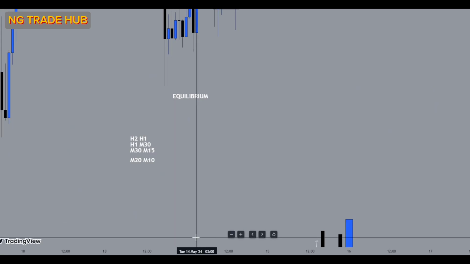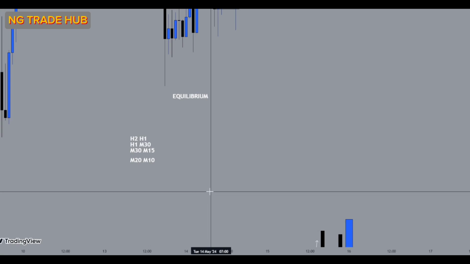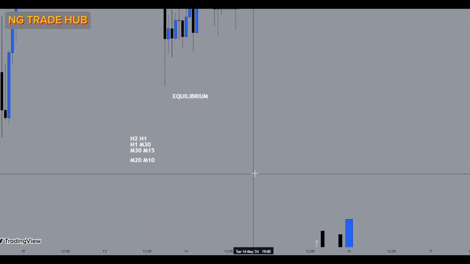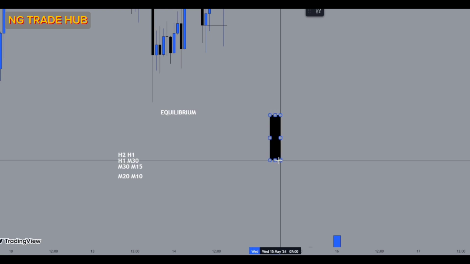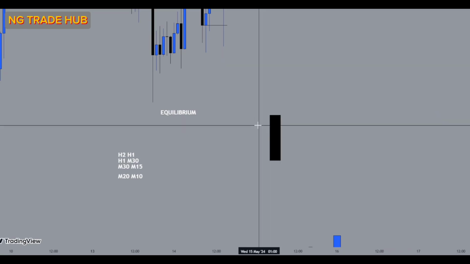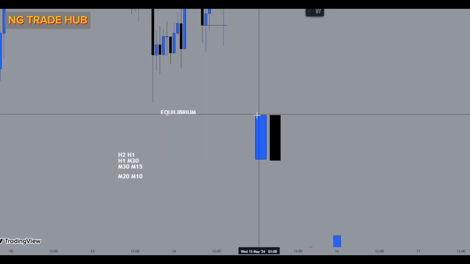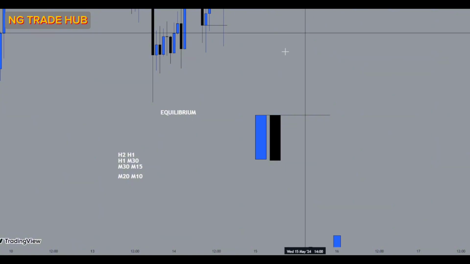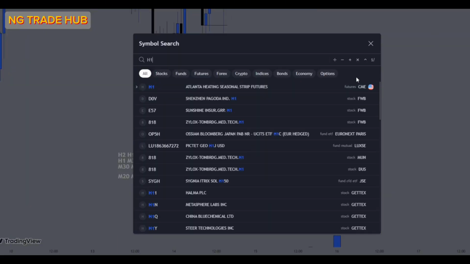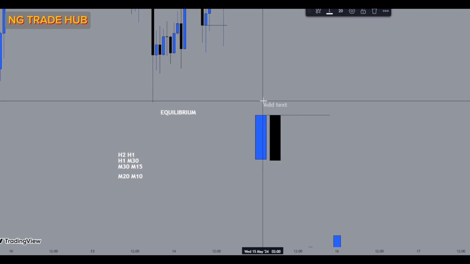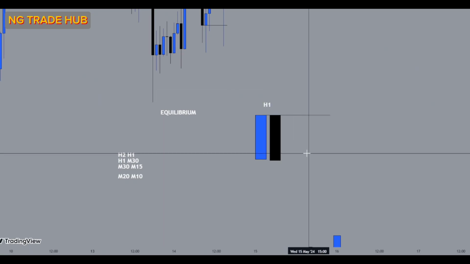So when looking for any upcoming combinations for equilibrium, the two levels you are looking at using the equilibrium concept must be both at the same exact price level. For example, we have an A level on H1.